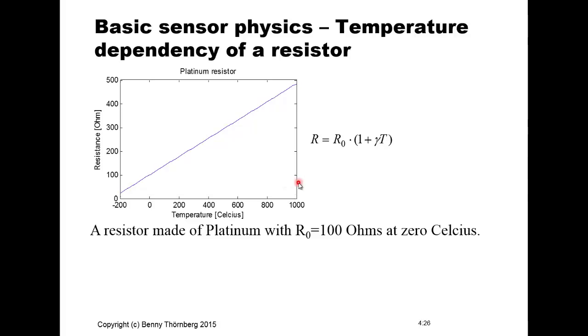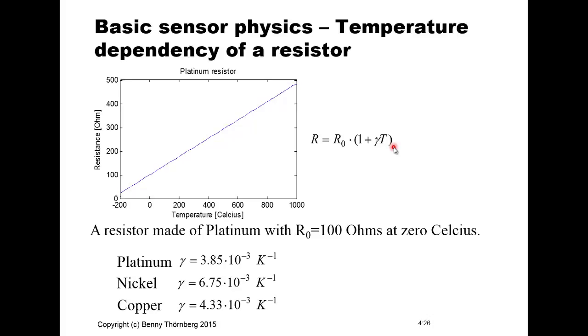And they describe the temperature dependency with the coefficient gamma. And then you can of course get different kinds of temperature dependencies depending on what kind of material you choose for your resistor. So it could be platinum, it could be nickel, and it could be copper, where we can see here that nickel seems to have the highest dependency towards temperature.